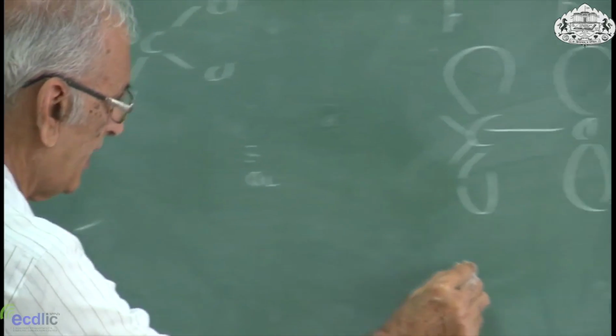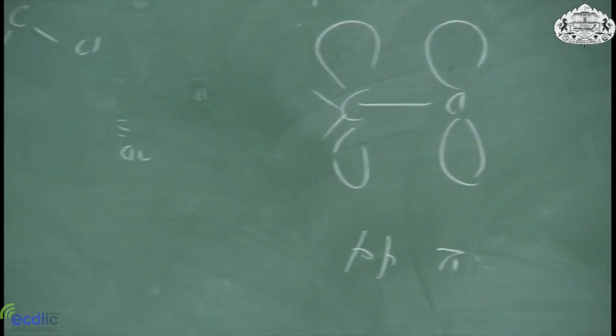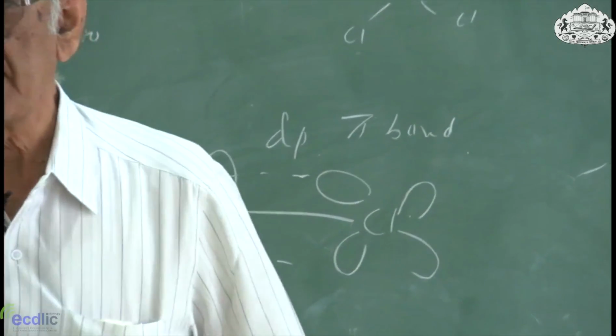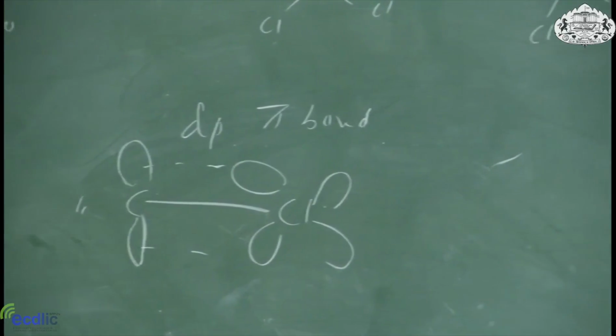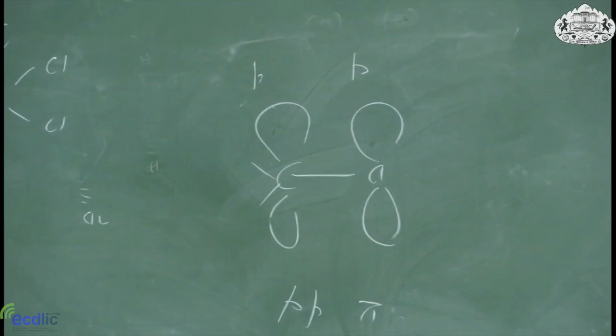This we call as a p-p pi bond. This is a d-p pi bond. A p-p pi bond has orbitals parallel to each other. So, p-p pi bond is strong, a d-p pi bond is not strong. Okay. So, that is the first picture.